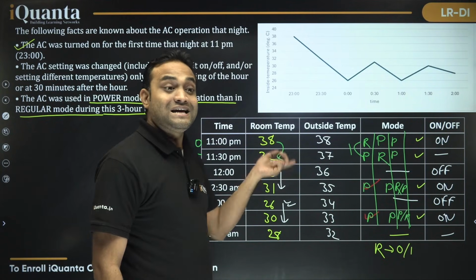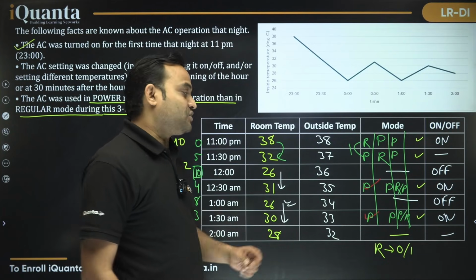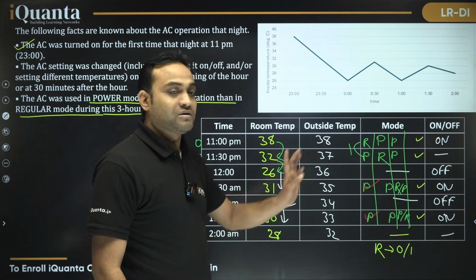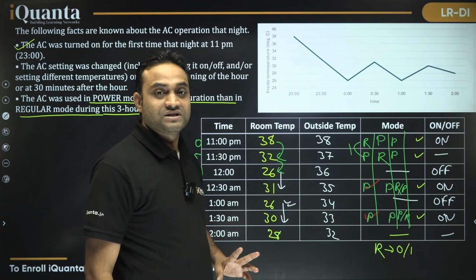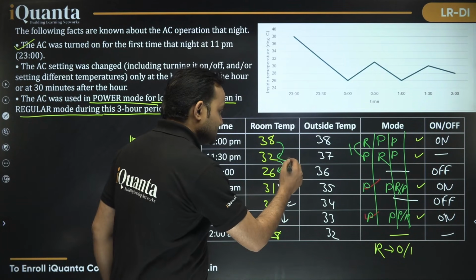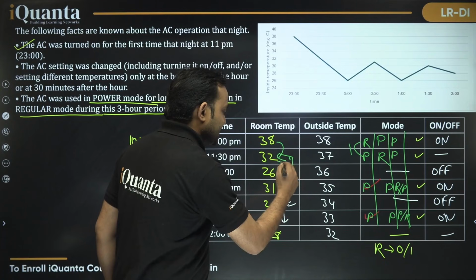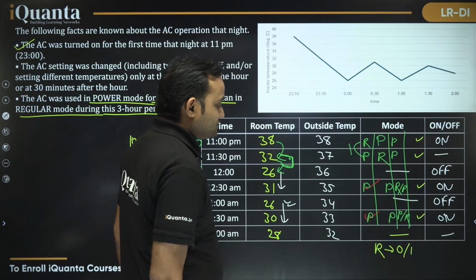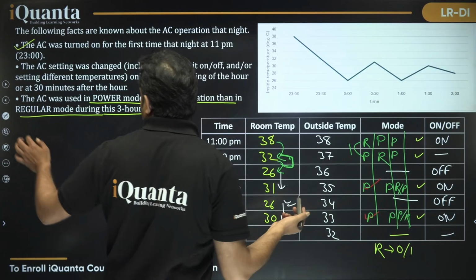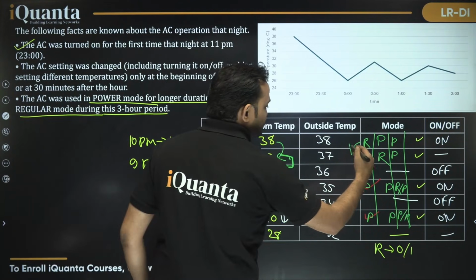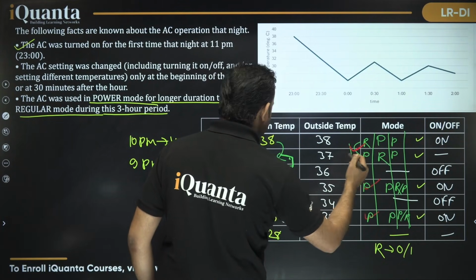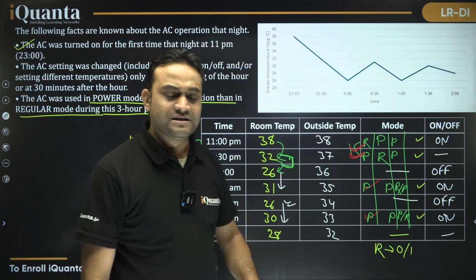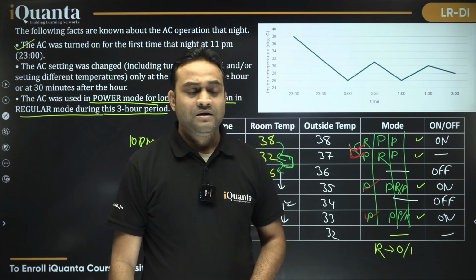Then again, the temperature was set for 26 degrees Celsius in power mode. Then again, the temperature was achieved. So here again, it was altered, right? The setting was altered here. So what we can say, total 1, 2, 3. In any of these cases, the setting was altered at 11:30 p.m.